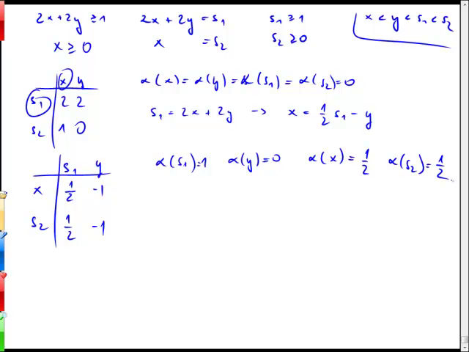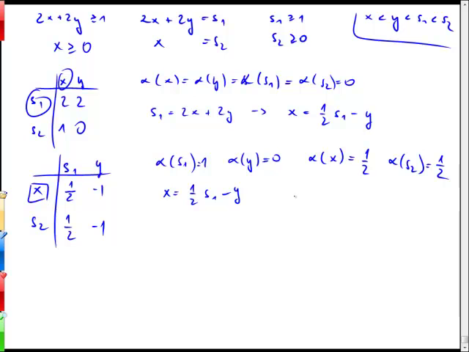And I'm done because s1 satisfies its lower bound, s2 also, but my solution is not integer. I search here for one row, namely for x. This should be integer, but its value is not. So it defines me the equation x equals 1/2 s1 minus y.